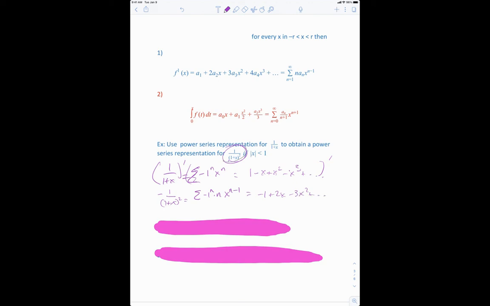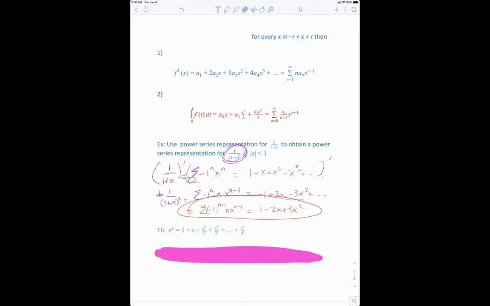And then I wanted 1 over 1 plus x squared, not negative 1. So I just multiply everything by negative 1 to make that positive. So this is going to be negative 1 times another negative 1, so n plus 1 and x to the n minus 1, and then this would be 1 minus 2x plus 3x squared. So this would be your power series representation. You take one you already know and you manipulate it.